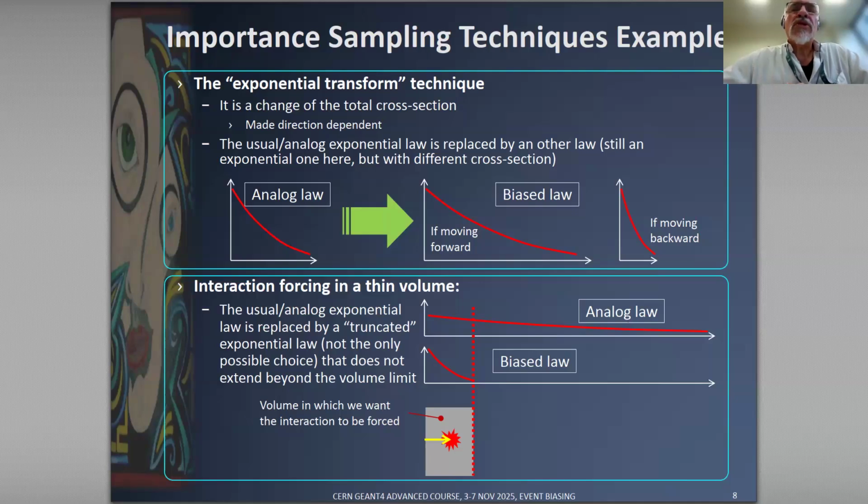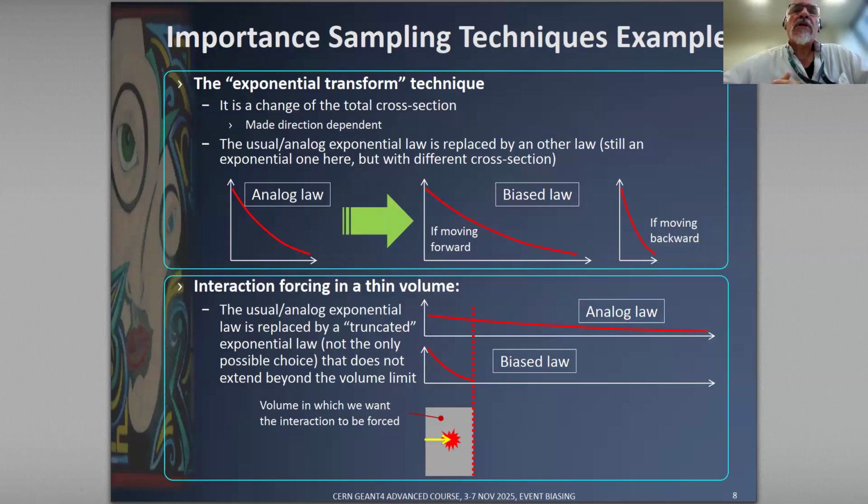So what you do is change this analog law into something else. It can be an exponential law, but it can in fact be anything else. And you bound this distribution so that you are guaranteed that the integral of this distribution is 1 over the domain. So you are, in this case, forcing the interaction to happen inside this volume.